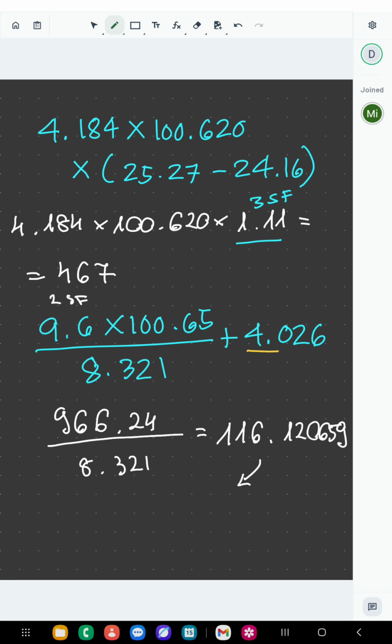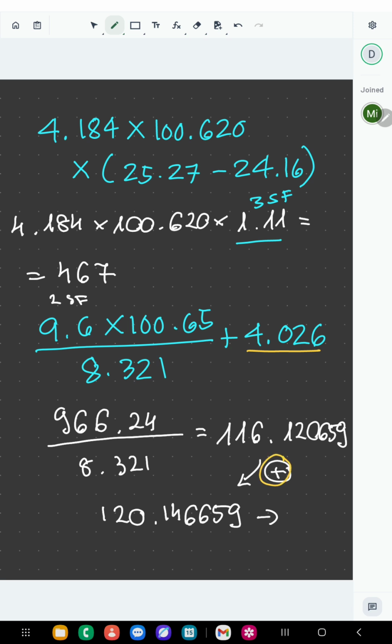You forgot the decimal point. Yeah, and then you add with this one. The last operation is addition.